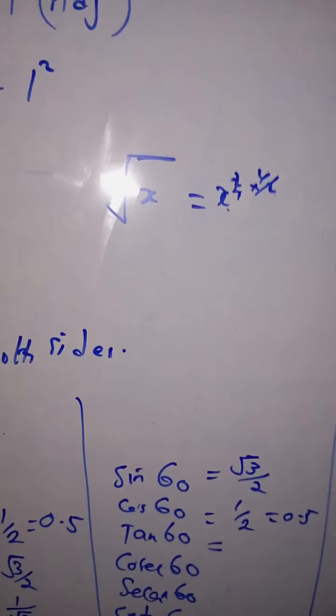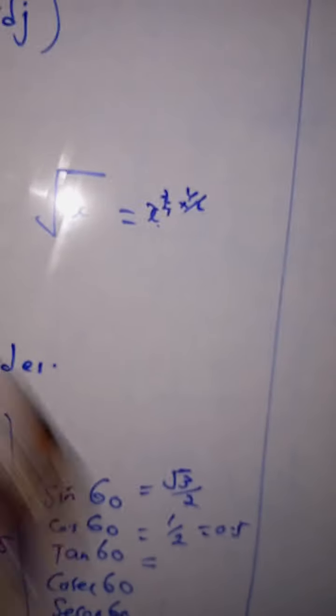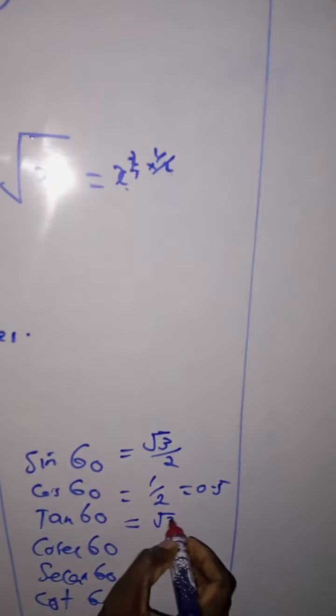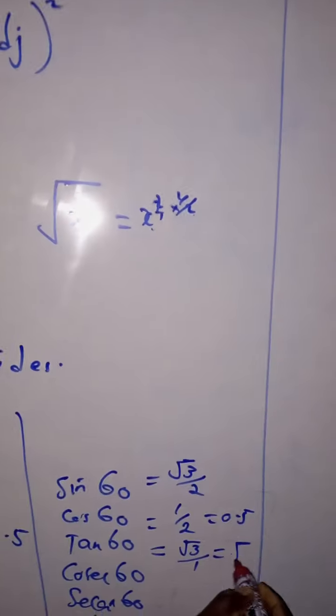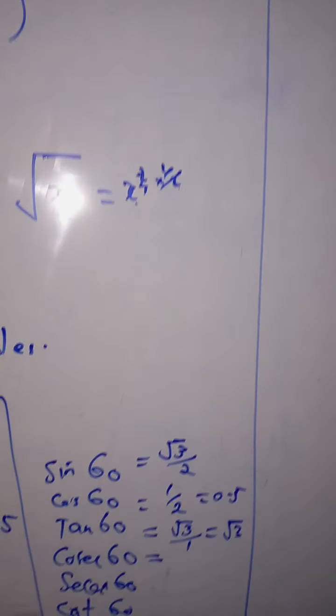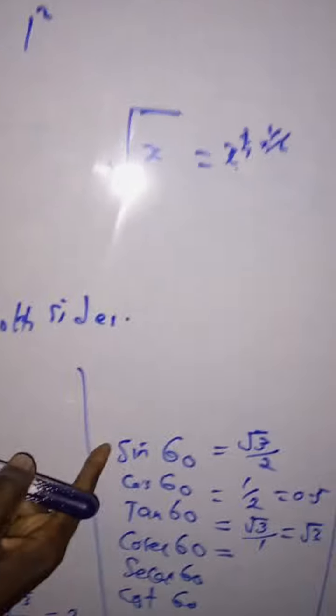So we have tan 30, tan 60. Tan 60 will be opposite over adjacent, which is root 3 over 1, the same thing as root 3. Now when you have cosec 30, just reciprocate sine.